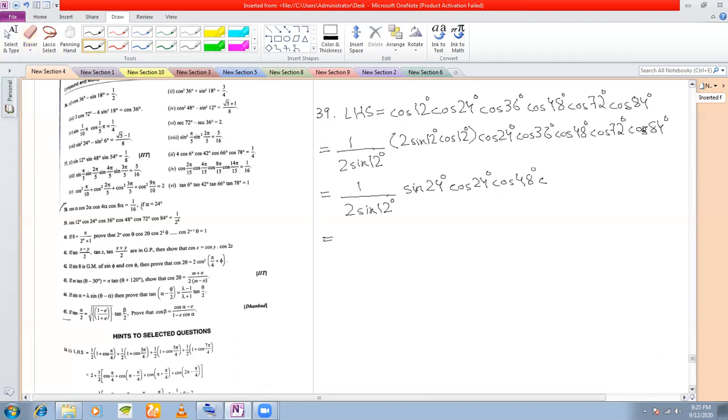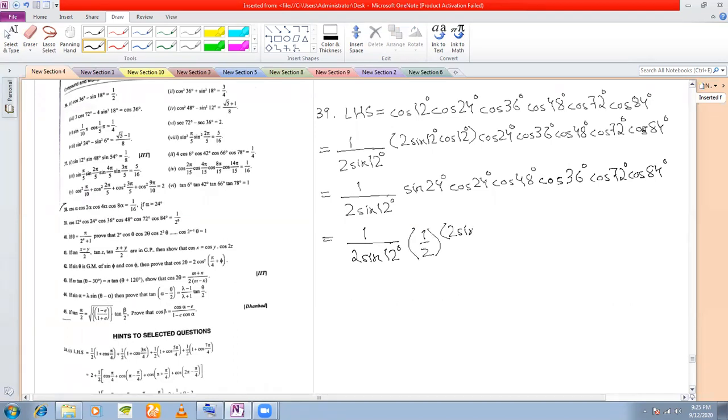Now what you do here is you take 1 by 2 sine 12 degree, and again you take a half.